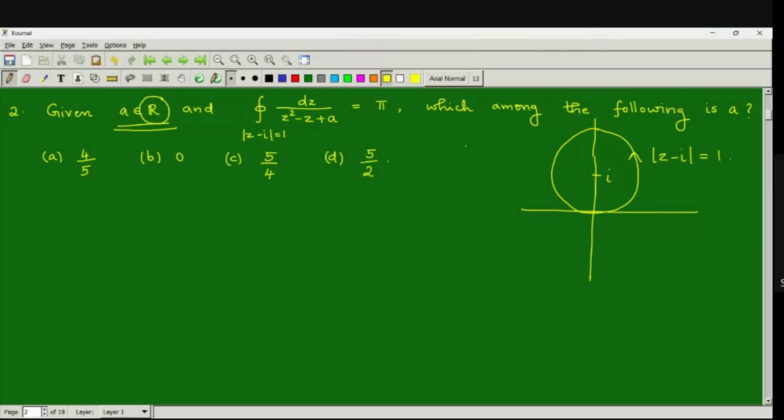Now what is the question? We are integrating this function, f of z equal to 1 by z square minus z plus a, on this circle, and it is going to give me pi. Now we need to find the value of a.